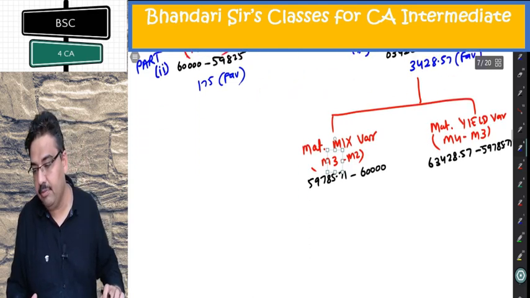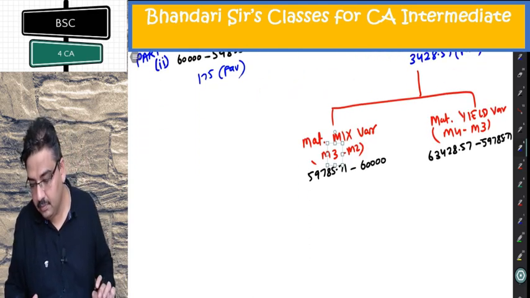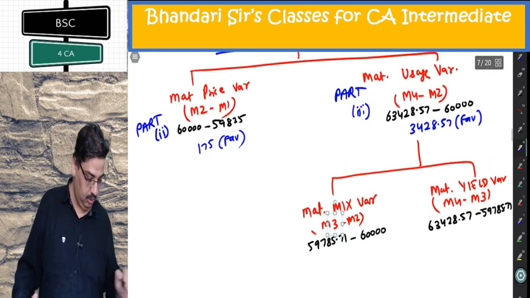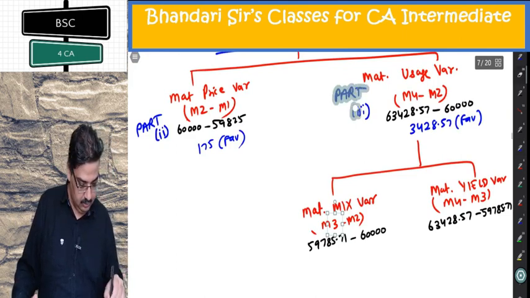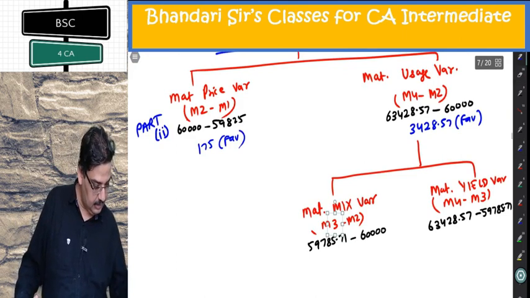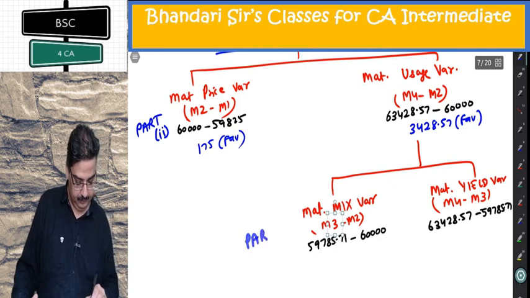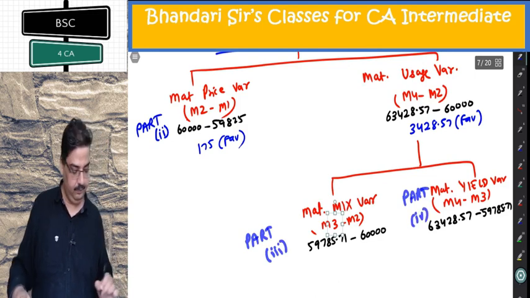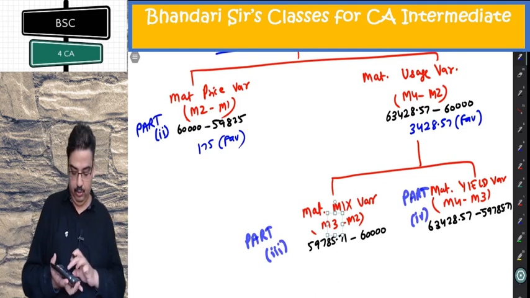Mix variance, okay, usage not asked. Mix is part 3. And yield is part 4. Let us compute them.